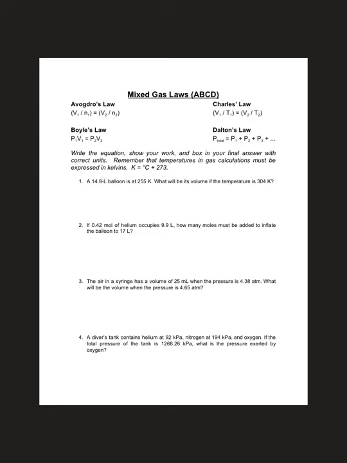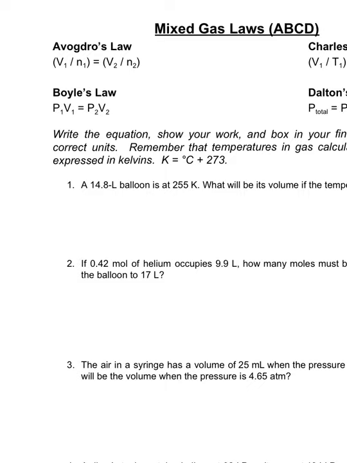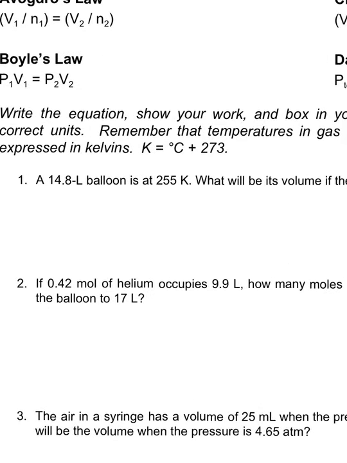Number 1, a 14.8 liter balloon is at 255 Kelvin. What will be its volume if the temperature is 304 Kelvin? Okay, so let's zoom in here so I can work. First off, let's look at all the information the problem gives. 14.8 liters, what is that?